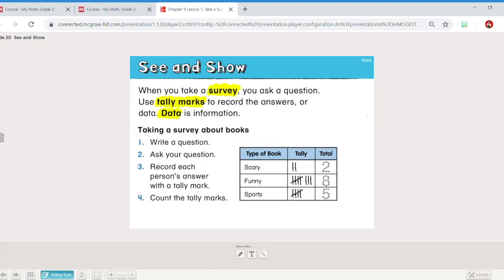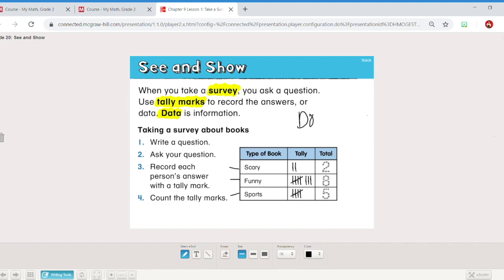I would love to hear you mathematicians using the term data whenever you're talking. So even when you're talking with your parents about it, when you're discussing what's inside of these graphs, make sure you're using data. So when you're taking a survey about books, it says number 1, write a question. Our question about books here would probably have to do with the 3 types of books we want to know about.